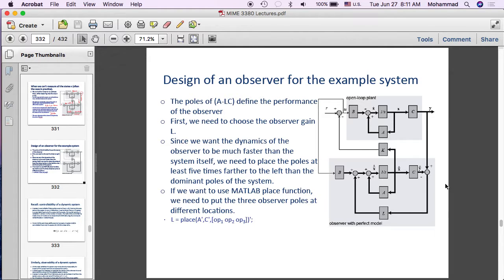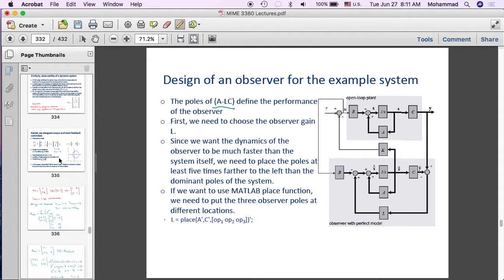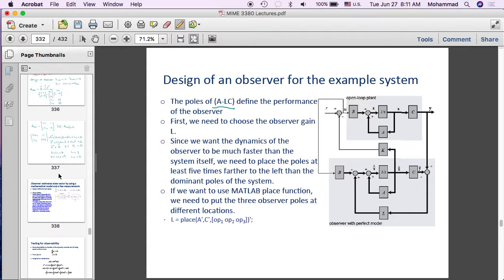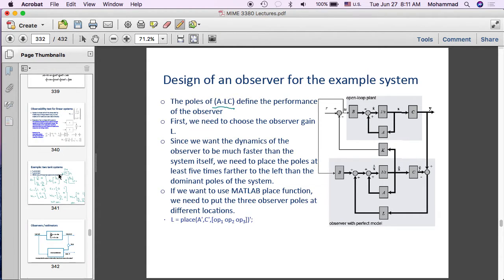So A minus LC, this matrix, is the A matrix of the estimator, which is the same dimension as matrix A. So this is the main matrix, and the exact same methodology that we used for designing a full state feedback controller is applied here. So we put the eigenvalues of the A matrix of the observer somewhere that delivers acceptable results.